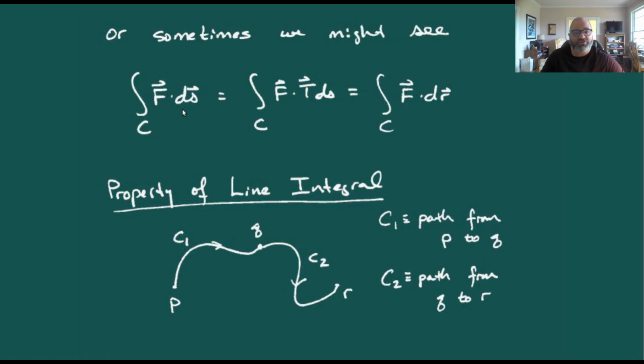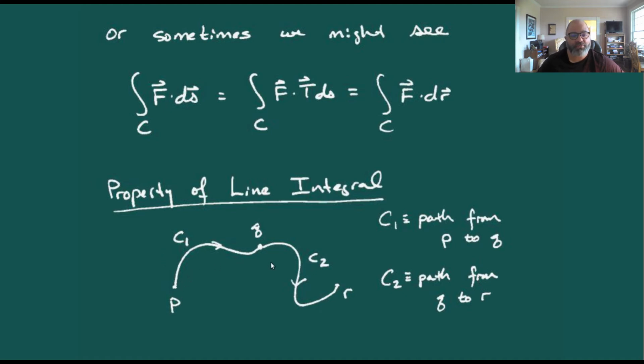And so the vector ds really means this T ds, which is the same thing as our f dot dr.